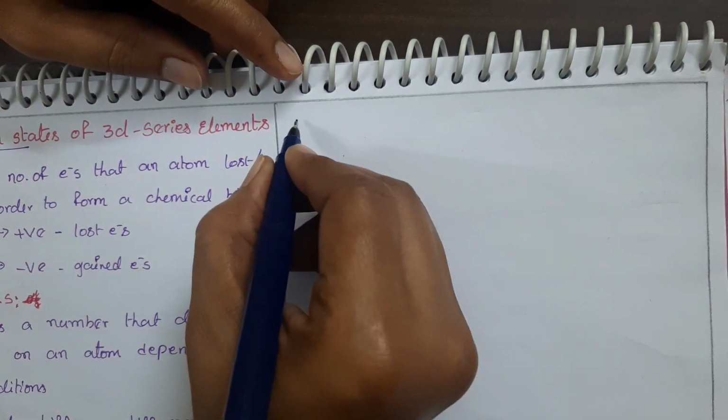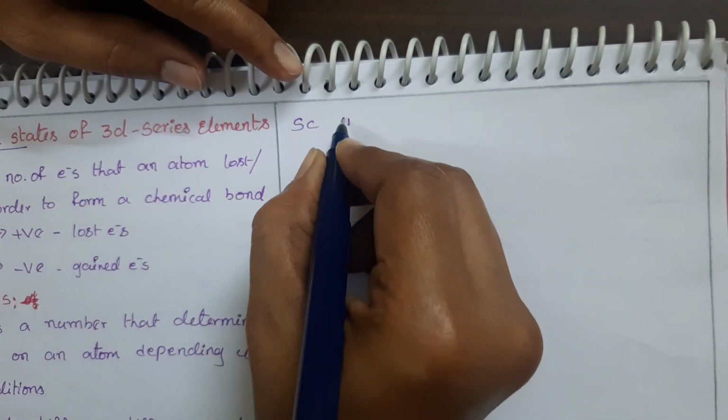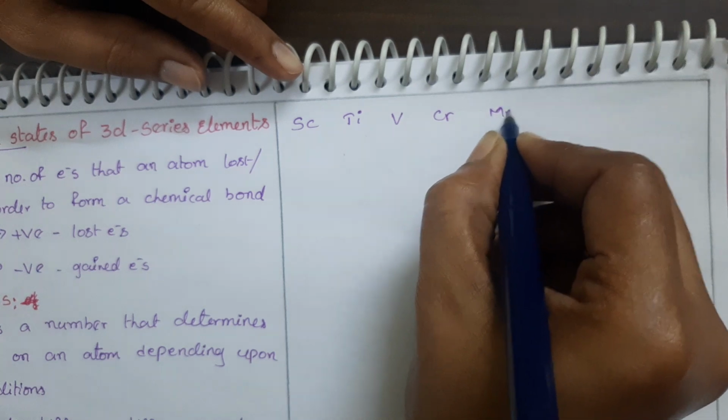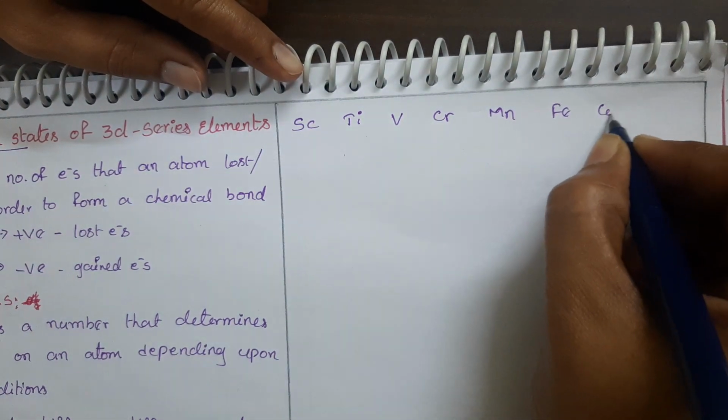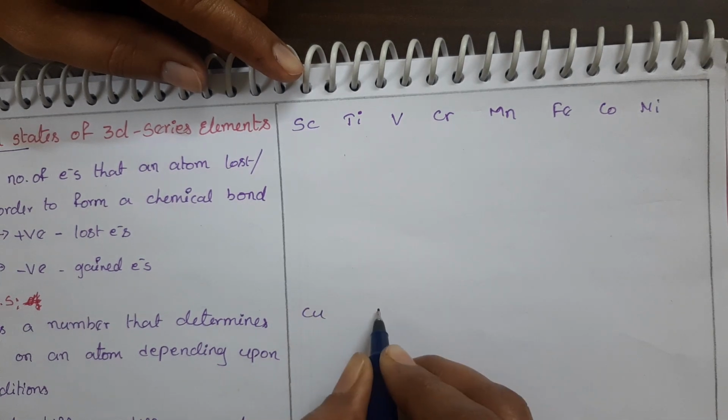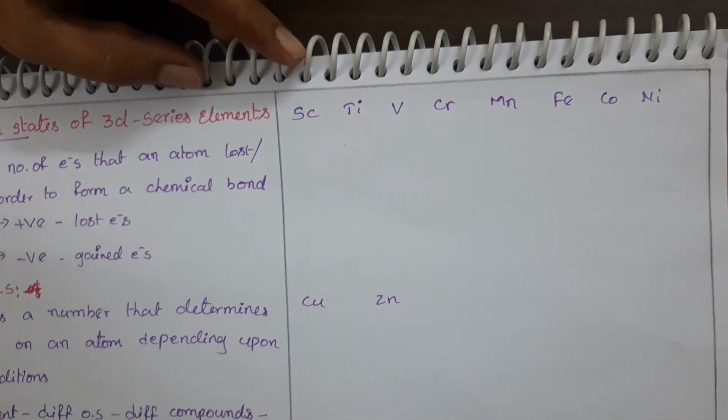The series elements are scandium, titanium, vanadium, chromium, manganese, iron, cobalt, nickel, copper, and zinc. So these are the 3D series elements.